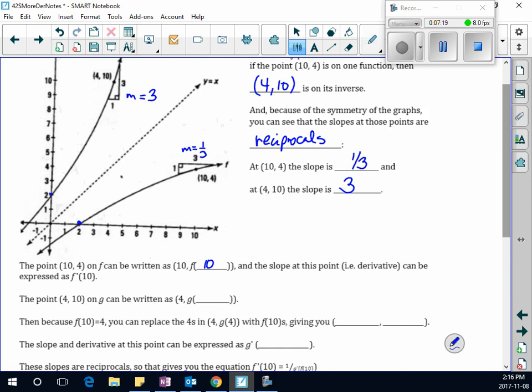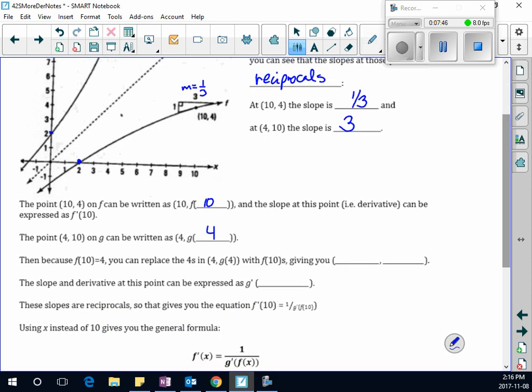Okay, the point (4, 10) on g, so we're not calling it inverse, we're going to call it g, can be written as (4, g(4)). Then, because f(10) is 4, you can replace the 4's in f(g(4)) with f(10).